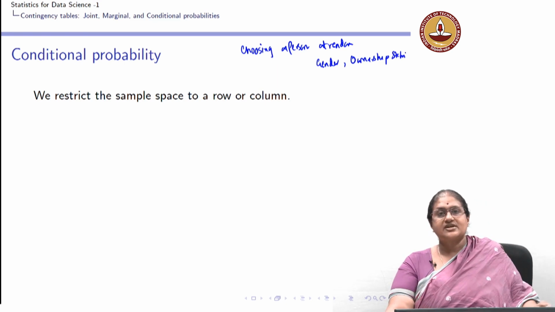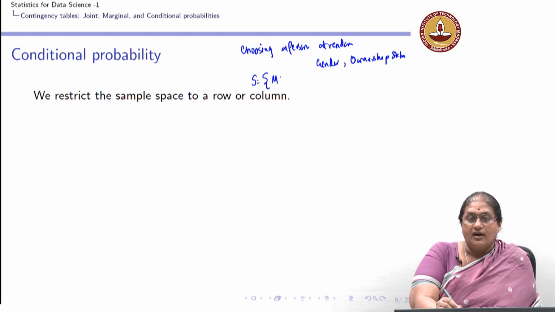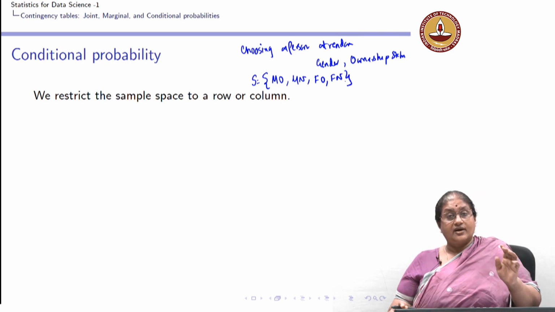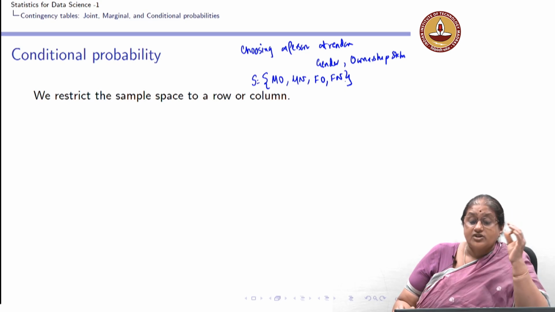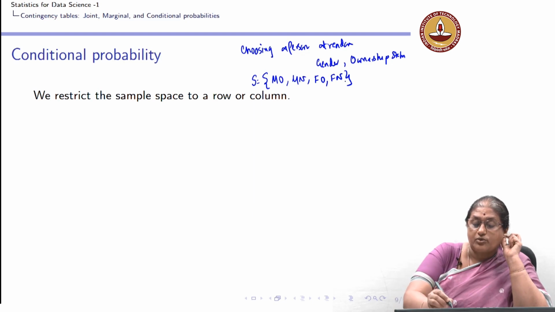By ownership status, I mean yes or no. So the possible outcomes are: a male who owns, a male who does not own, a female who owns, and a female who doesn't own. But remember, they are not equally likely. So, I need to find a way to compute these probabilities.